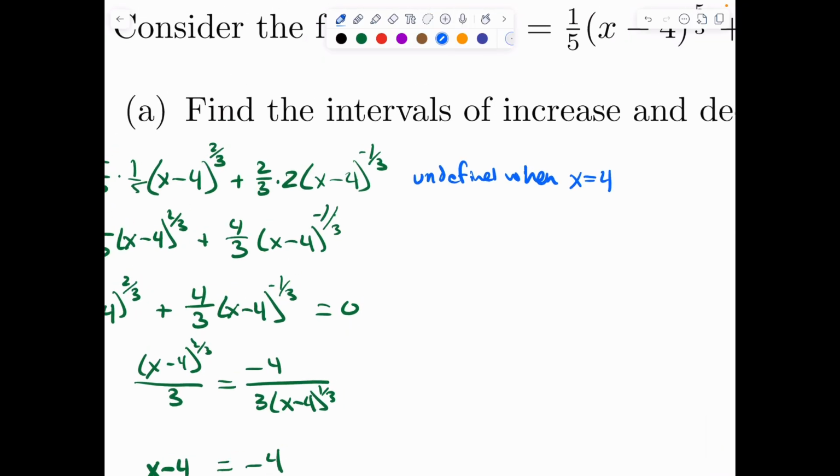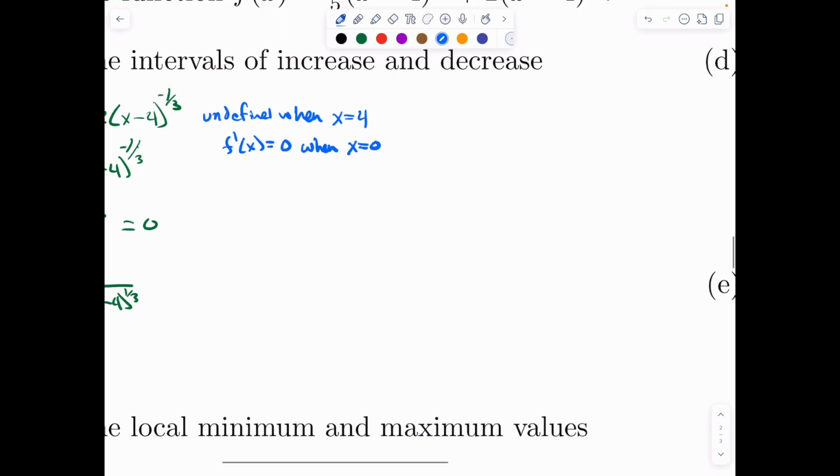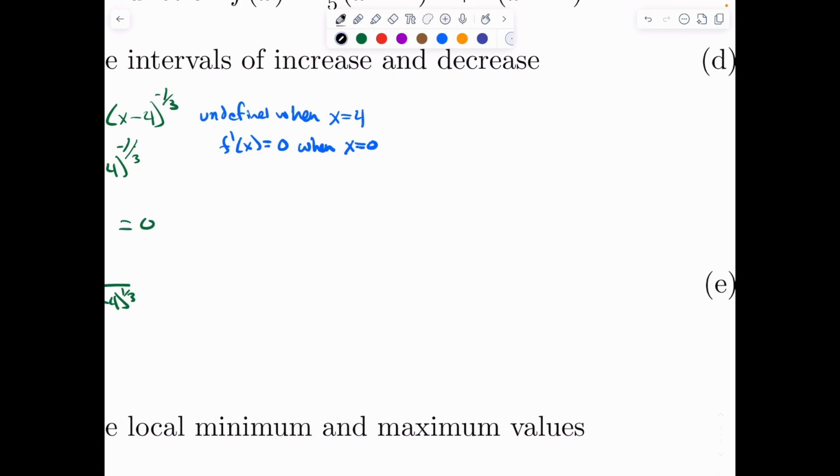Yeah, I'm confident of my algebra, and so this is f prime of x equals 0 when x equals 0. Okay, so those are the two critical numbers, and so we're just going to be concerned with what's happening in between them. So let's draw our little number line. Here's x equals 0. Here's x equals 4. Oh, and on either side of them.